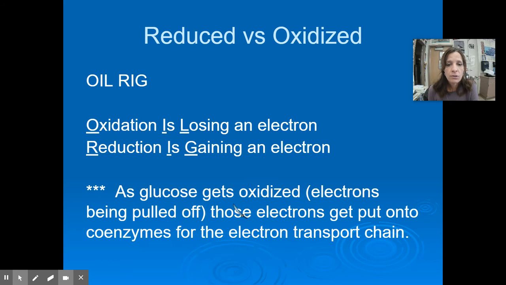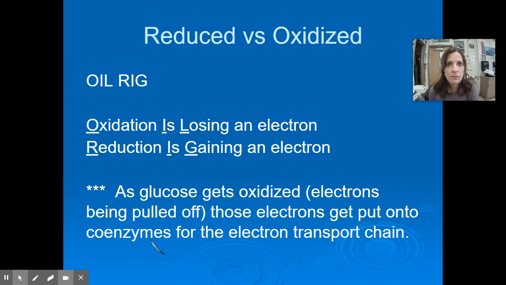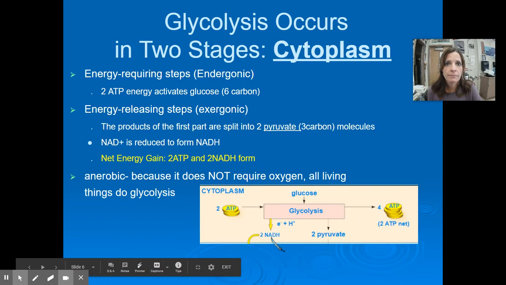As glucose gets oxidized through cellular respiration, glucose loses electrons, and those get put onto the coenzymes, the NAD and FAD that you saw in the slide before, and they take those electrons to the electron transport chain. So that's kind of the gist of the whole process.